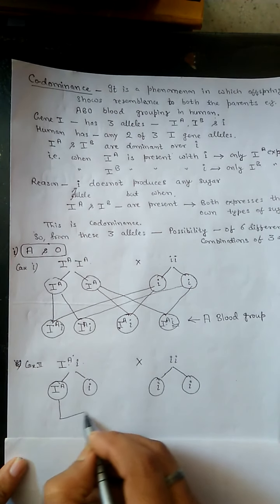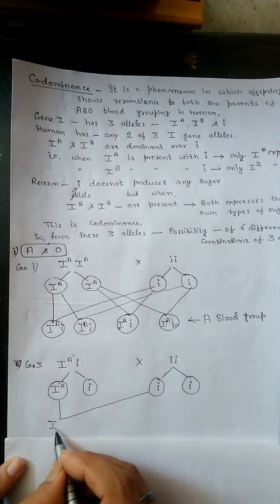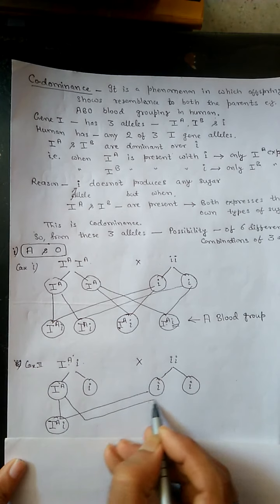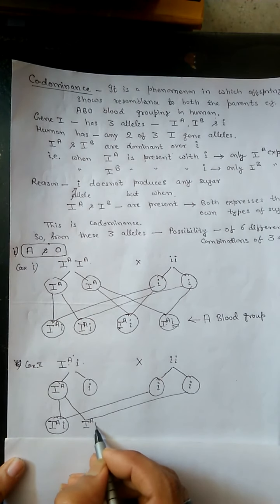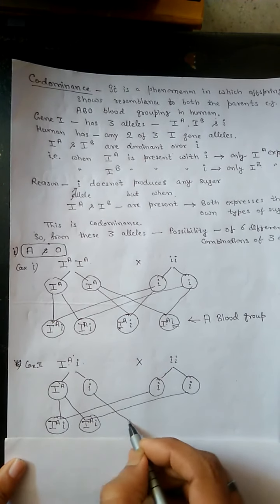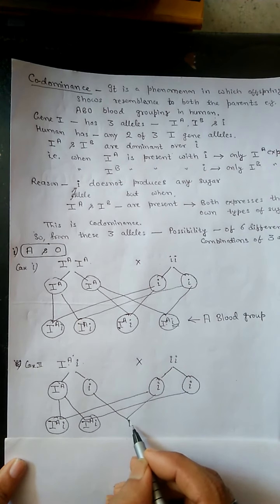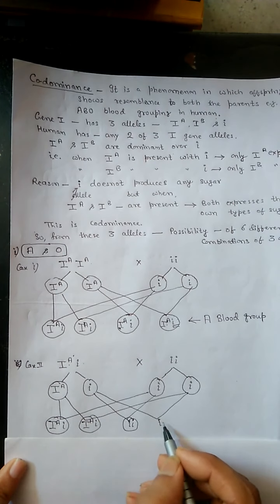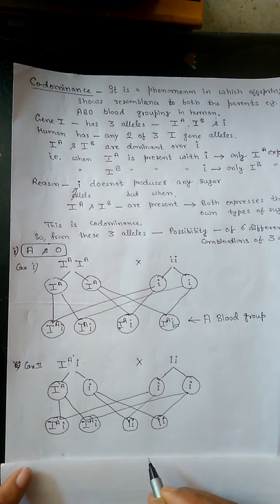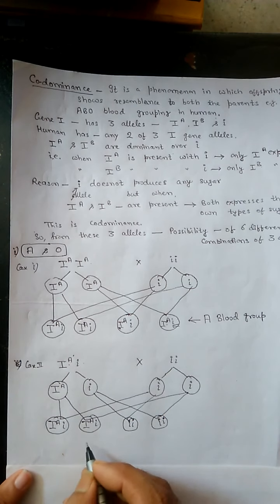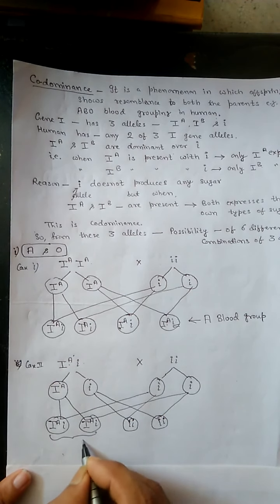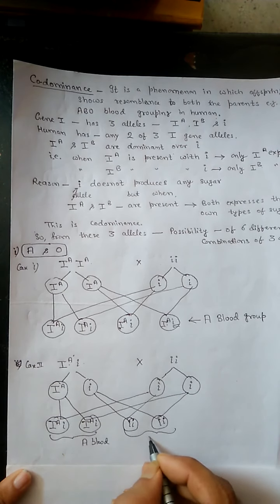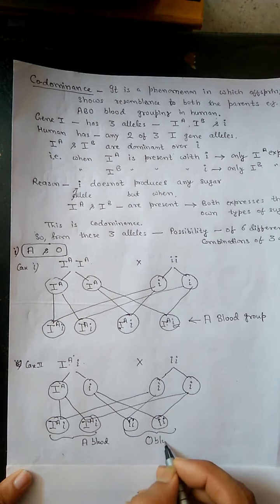Here it will cross with this, giving IAi combinations and ii combinations. There is a 50% probability that two are A blood group while the other two have O blood group.